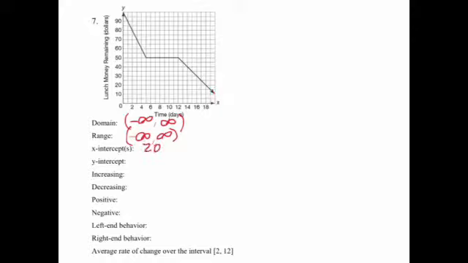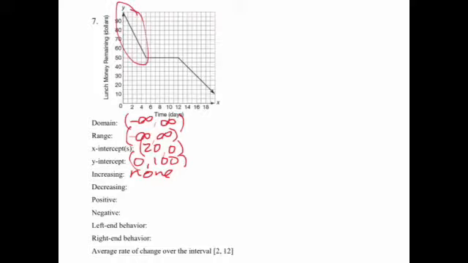So that's going to be 20, 0. And my y-intercept is looking at 0, 100. And that makes sense. Okay. And my function is never increasing. It's always decreasing or it's constant.